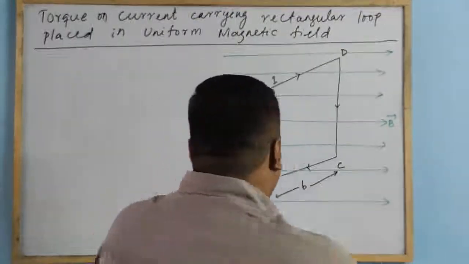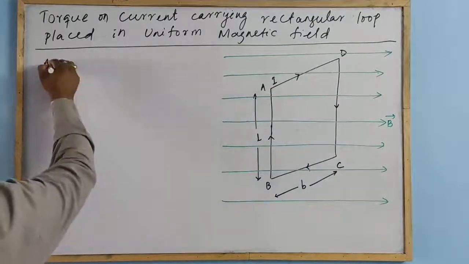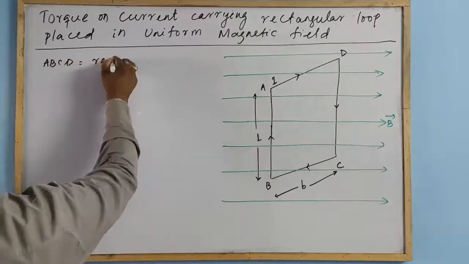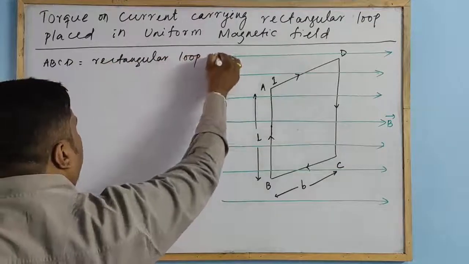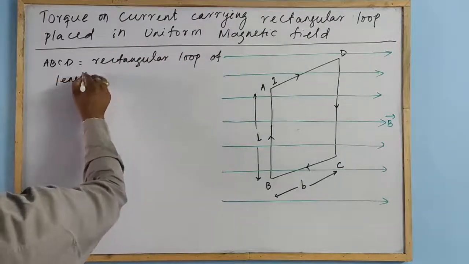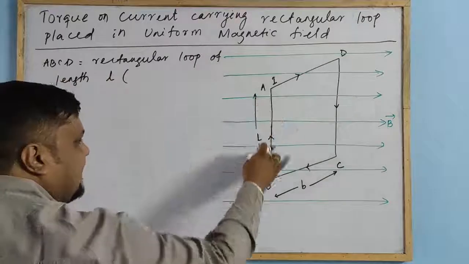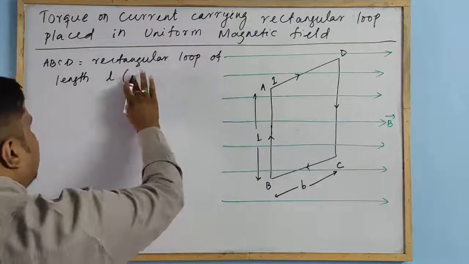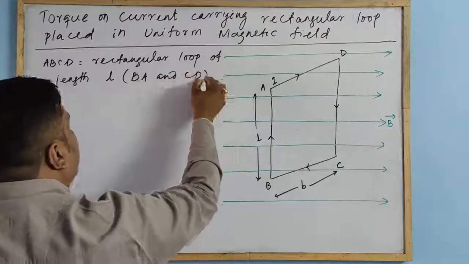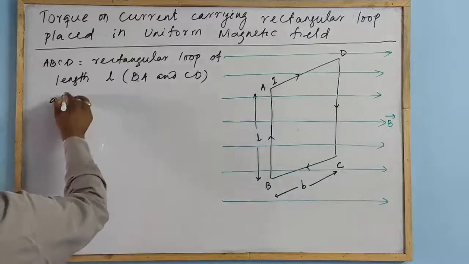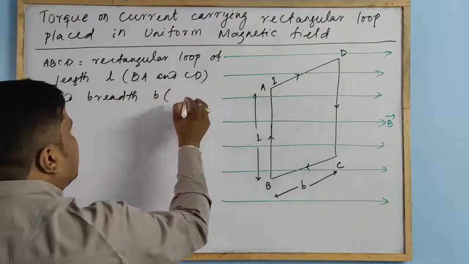Let me write what I have taken. ABCD, I have considered, is a rectangular loop of length L. L means which side? I have taken AB or BA, and CD, of length L, and breadth B, which sides?